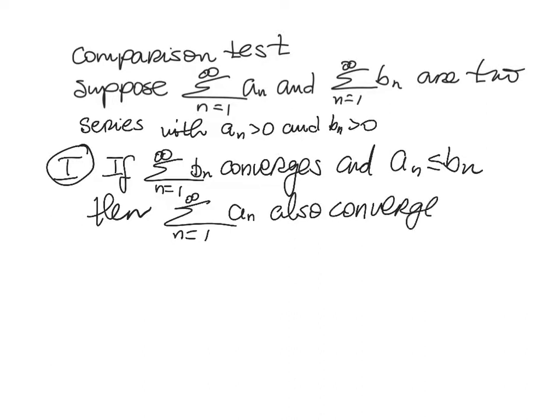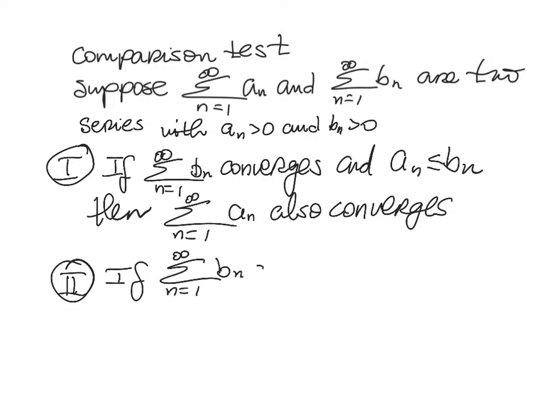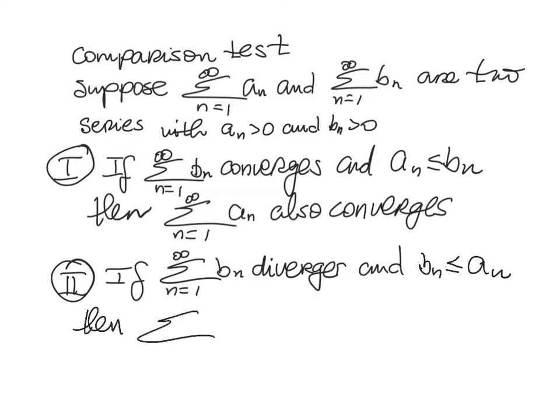And then the second part of the comparison test is, again, if the b sub n series, this time, diverges, and a sub n is bigger than b sub n for all n, then the a sub n series will likewise diverge.